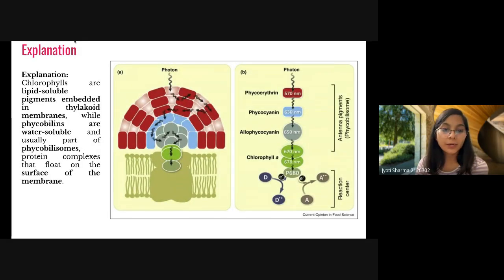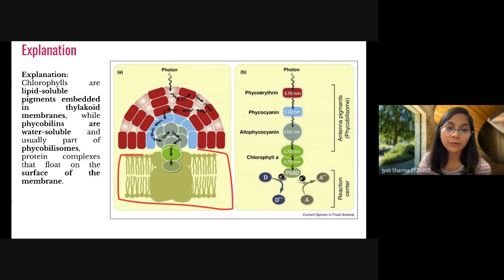Just see here, this is the wall, and in that wall we have the pigments. This is the chlorophyll pigment, and the photons will come. Chlorophyll is attached to the wall, but phycobilins are not attached; they are freely moving.